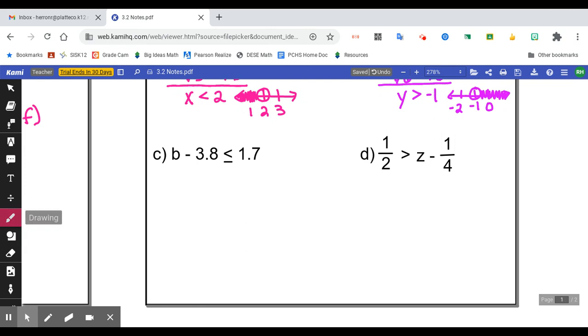We've got b minus 3.8 is less than or equal to 1.7. So again, I'm going to add. Okay, these are gone. B drops, less than or equal to, and this would be 5.5. All right, so decimals, same thing.